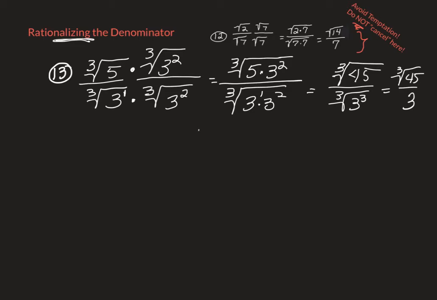Okay? Also, once again, do not try to cancel here. All right? Yes, 3 goes into 45, I'm aware of that, but the 45 is stuck under the cube root symbol, so you cannot cancel.